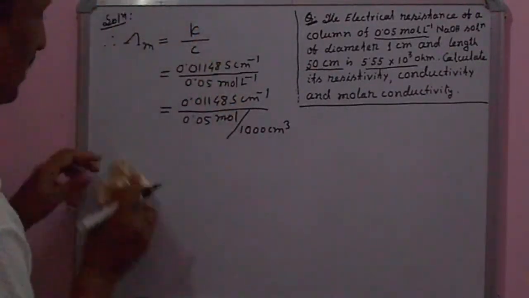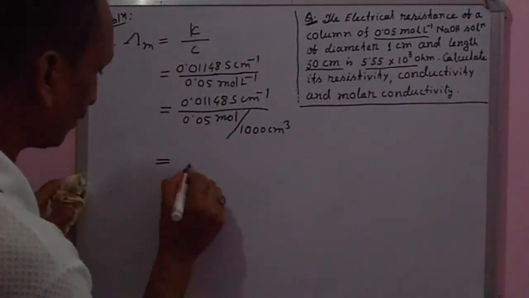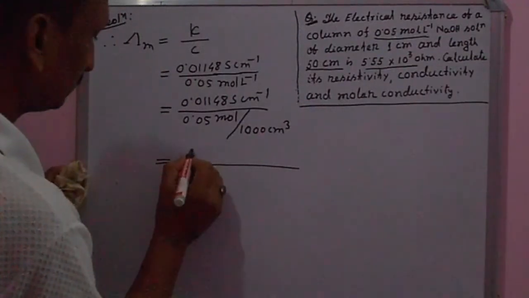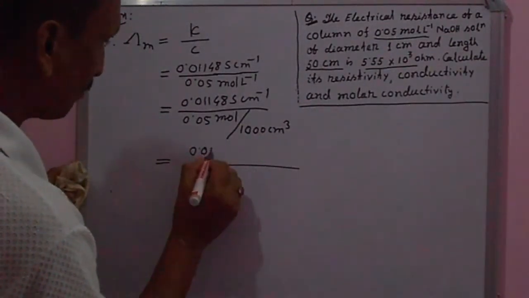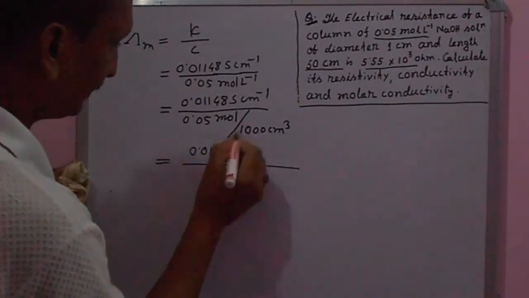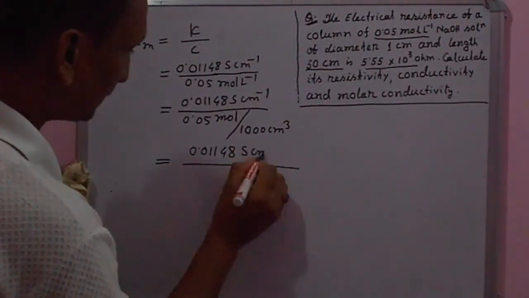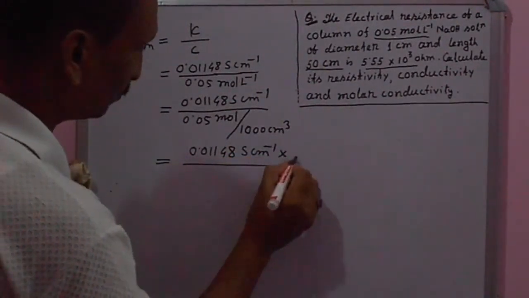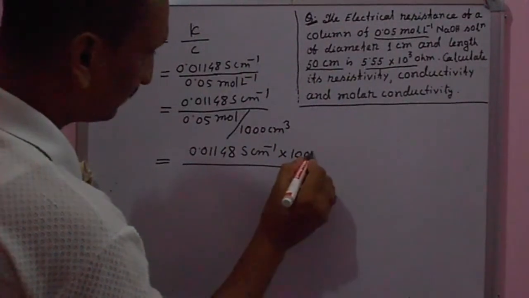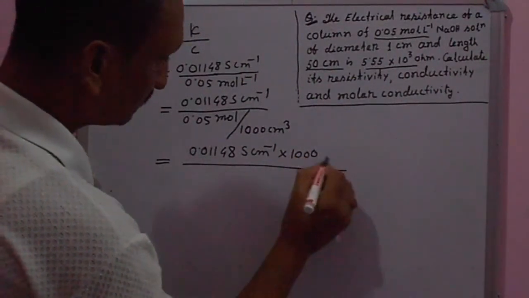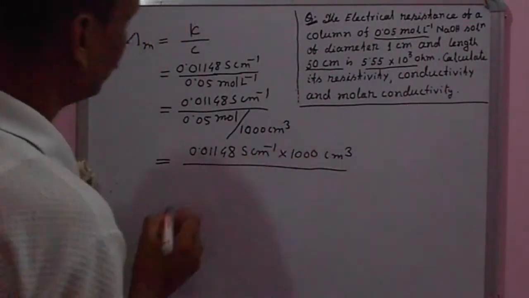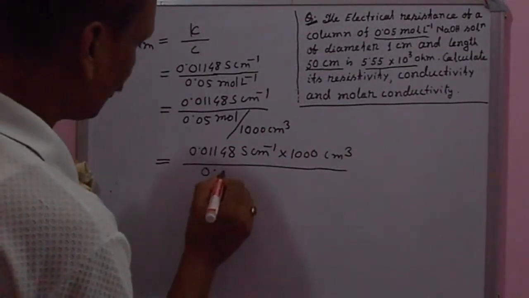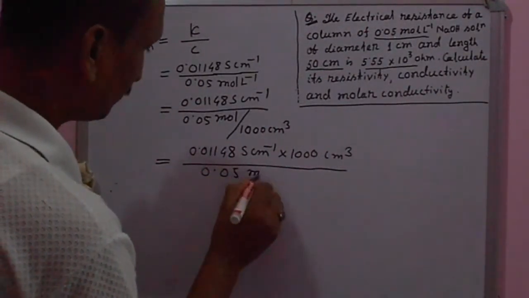So that means it will be equal to now 0.01148 Siemens centimeter inverse into 1000 centimeter cube divided by 0.05 mole.